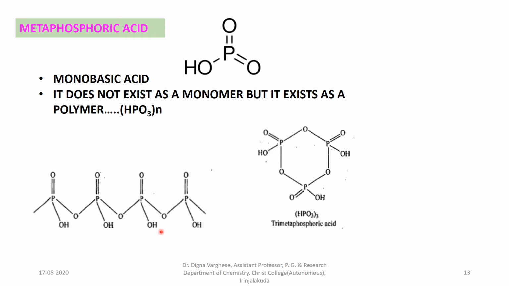This is the linear polymeric oxoacid. It is a trimeric cyclic oxoacid with the molecular formula (HPO3)3, that is trimetaphosphoric acid.